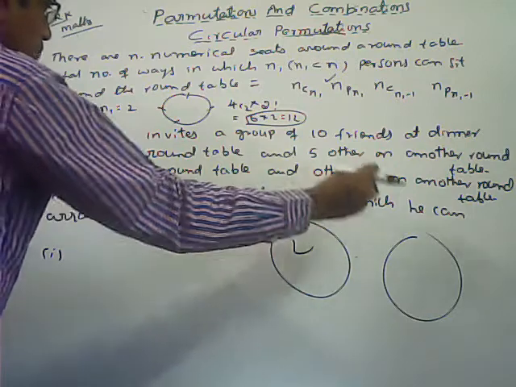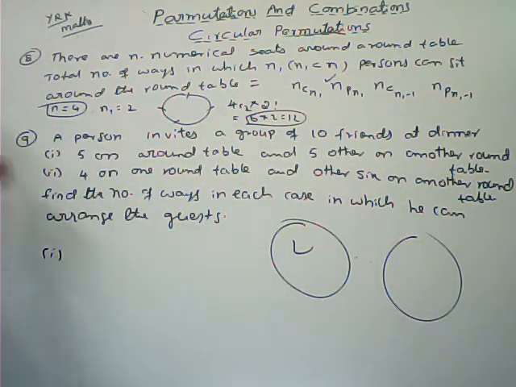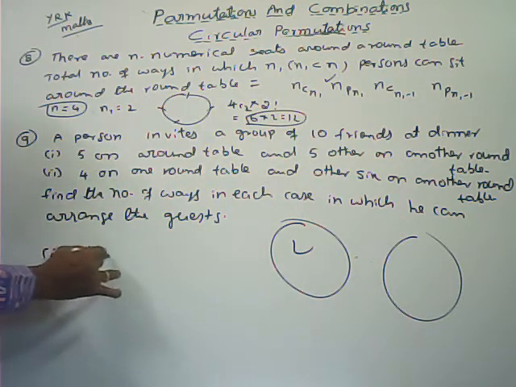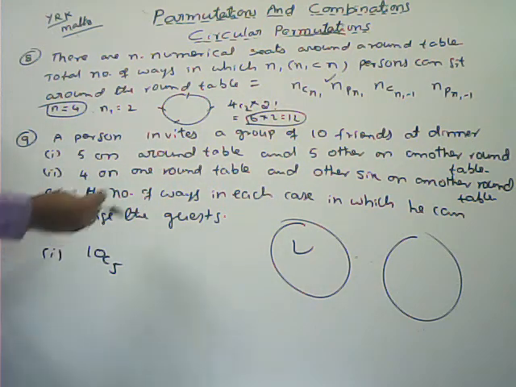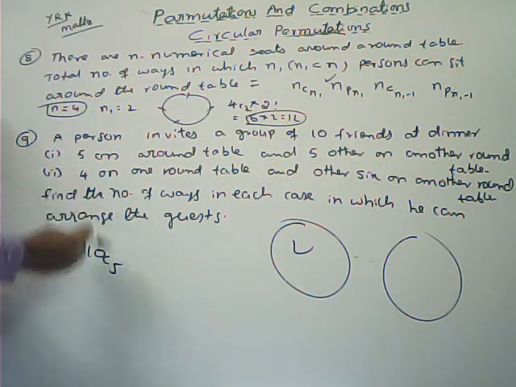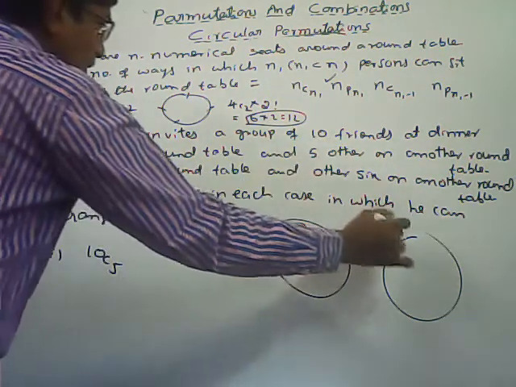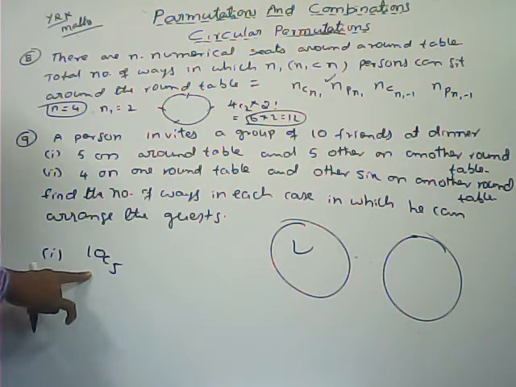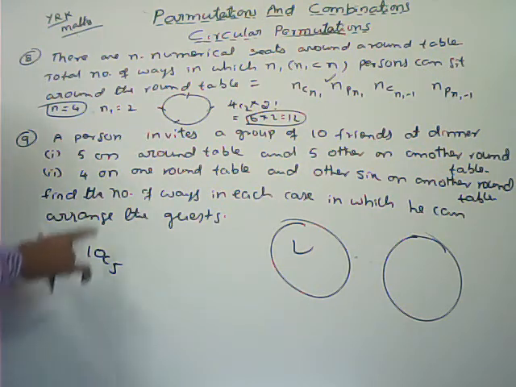5 in the first table, 5 in the second table, first one. First you can select, out of 10, 5 members. Whenever we are selecting the 5 members, the remaining 5 members go to the second round table only. Here first I am selecting them; the number of ways of selecting 5 members out of 10 is 10C5.